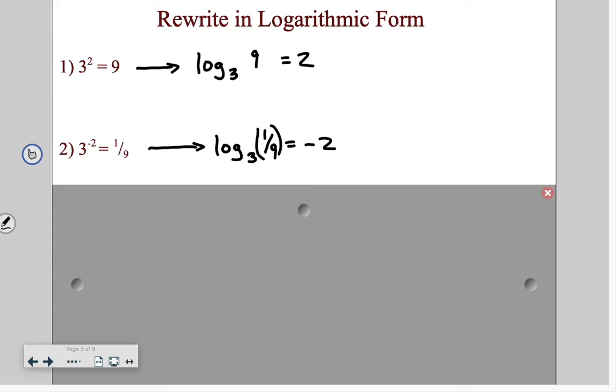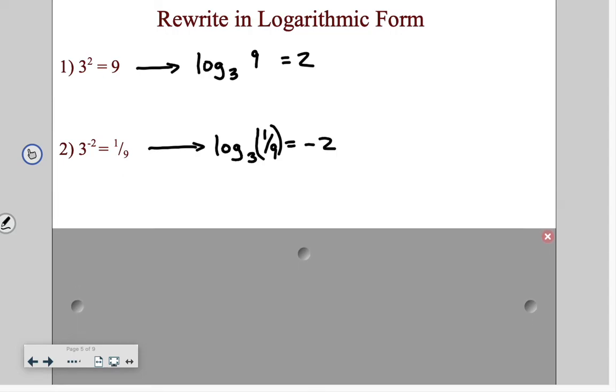And again, if you think about it for a second, 3 to what power gives you 1/9? Well, we said 3 squared gives you 9, so 3 to the -2 drops it into the denominator. That's where it becomes 1/9. Okay. Questions on that at all? Okay, it'll give you some practice. Like I said, part of your assignment today is working back and forth between the two.